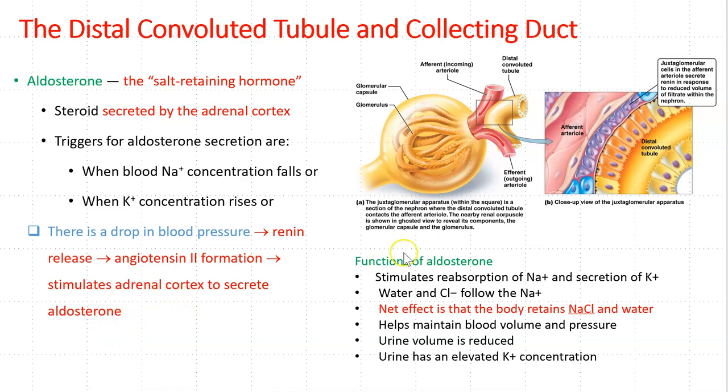So the main function of aldosterone is to stimulate reabsorption of sodium, and in turn it helps in secretion of potassium back in the filtrate. When sodium is reabsorbed, chloride and water follow. And when water is reabsorbed, it increases the volume and the blood pressure.